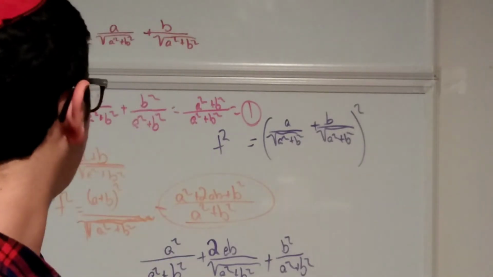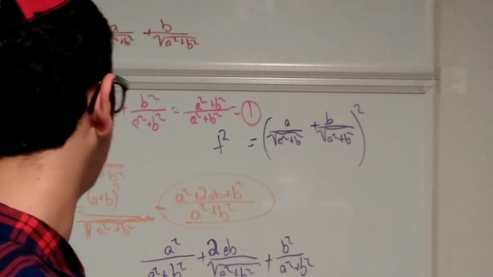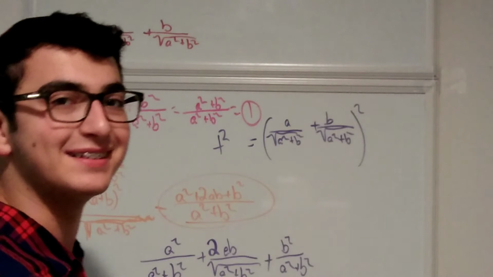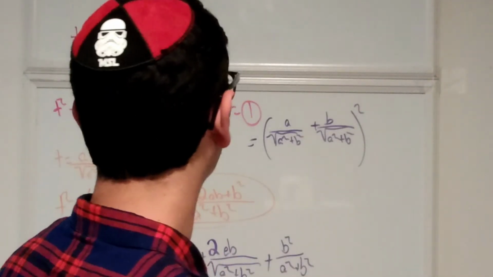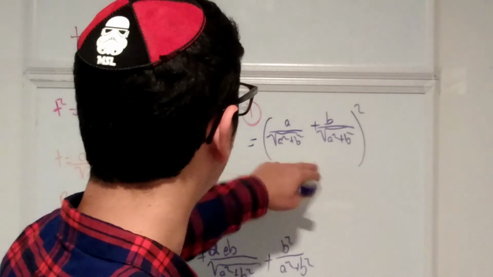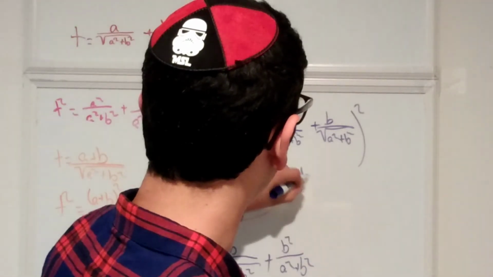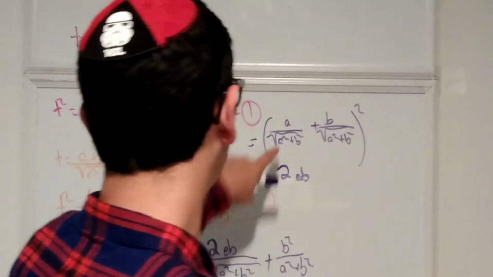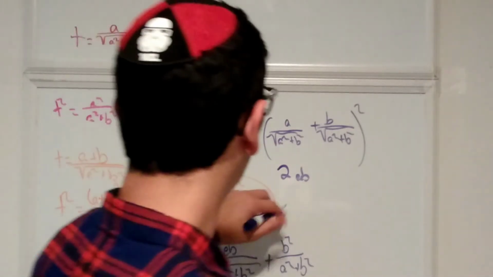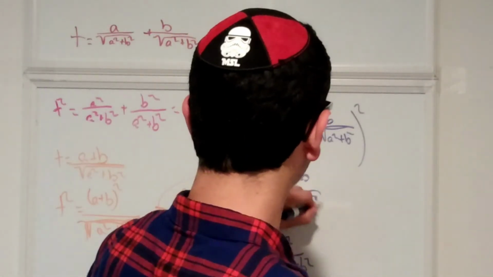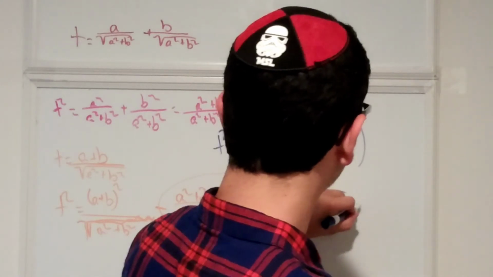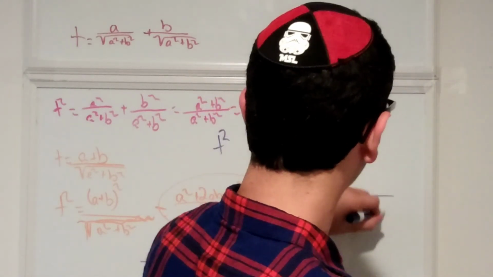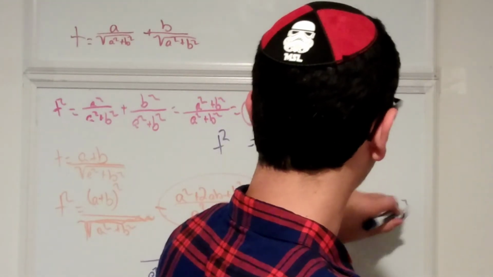Okay, so if I got rid of the square root here, then everything would make sense. So it's 2ab. Oh, because it's 2a times b, not 2a plus b. It's times in the middle. So it's the square root of a squared plus b squared times the square root of a squared plus b squared.